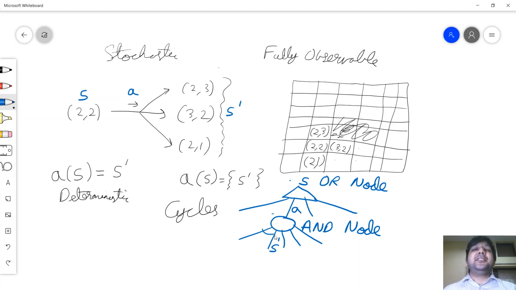The AND node is the one which is played by God. That's also how we denote it. So the name goes like this. I just need a solution. I just need one solution.